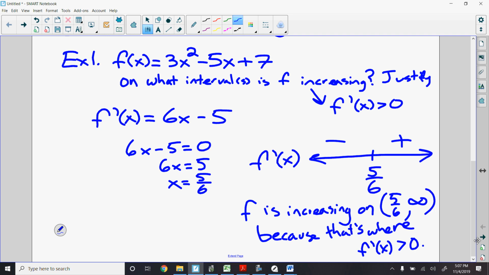So I can find increasing or decreasing intervals for f by looking at f prime of x, finding the zeros, and doing a sign test, just like we're used to on our position velocity acceleration standard. Hopefully you're finding this nice, because you're kind of already used to doing it. But it's a new definition. F increases when f prime is greater than 0. F decreases when f prime is less than 0.